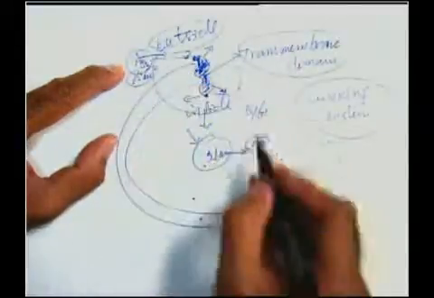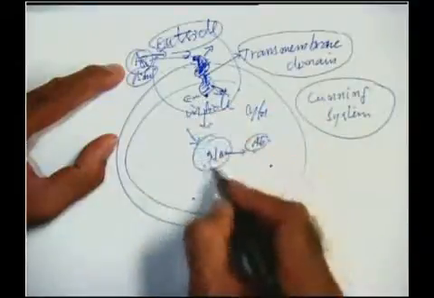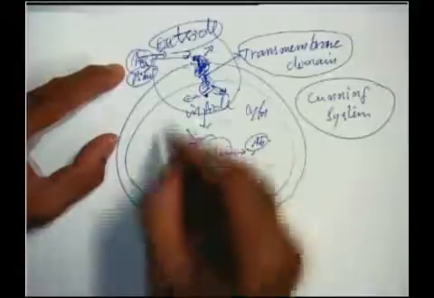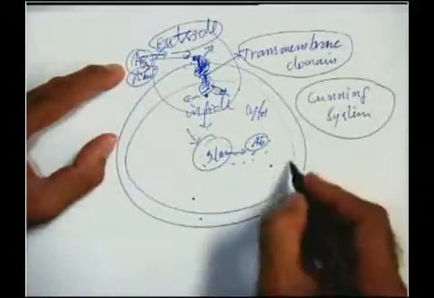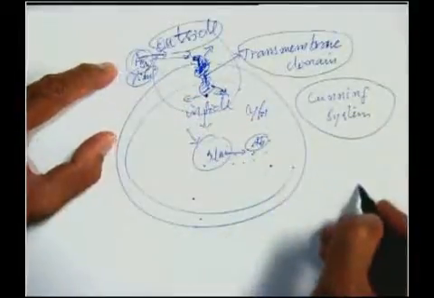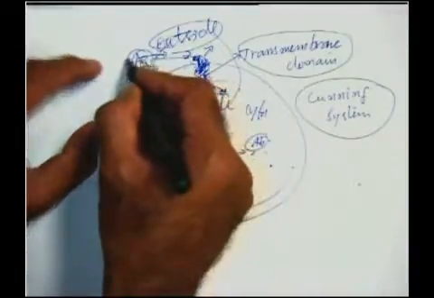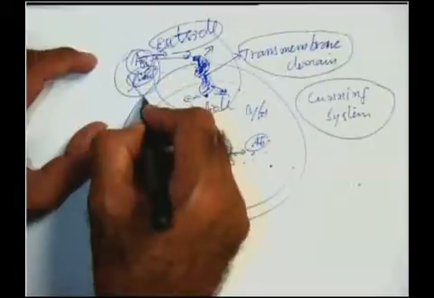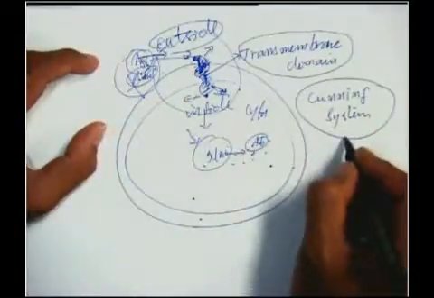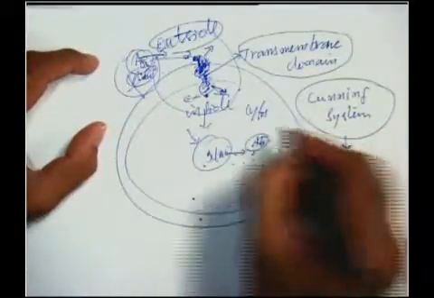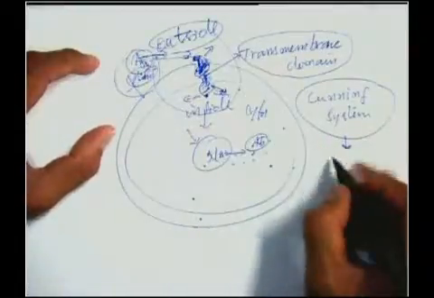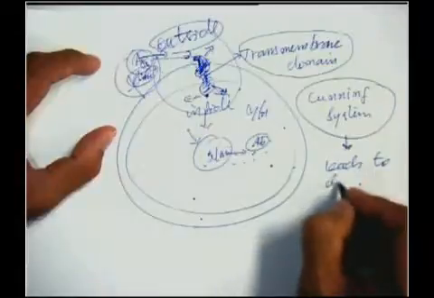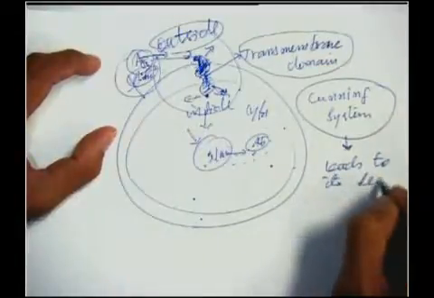It passes on the signal, and this signal will produce the antibody, and finally this lymphocyte passes the signal outside, and then phagocytosis, and the antigen or bacteria is eventually killed. So the cunning system means it cheats the bacteria or antigen, and thereby it leads to its death.